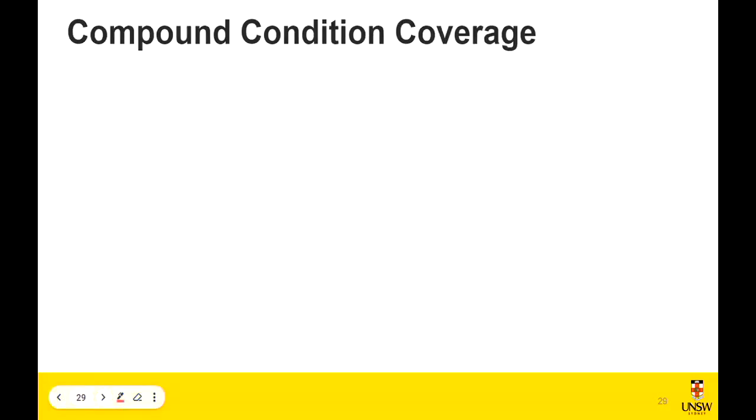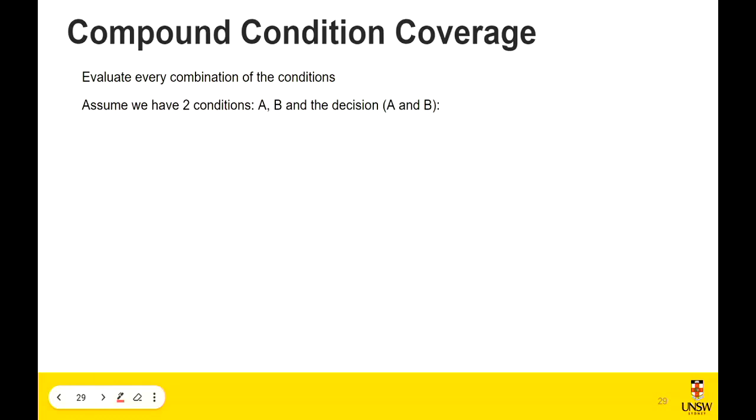And we have a more advanced version of condition coverage, and that is called compound condition coverage. It actually evaluates every permutation or every combination of the true and false values of conditions. Again, let's assume we have two conditions, A, B, and the decision is A and B. Can you imagine how many test cases we need here?